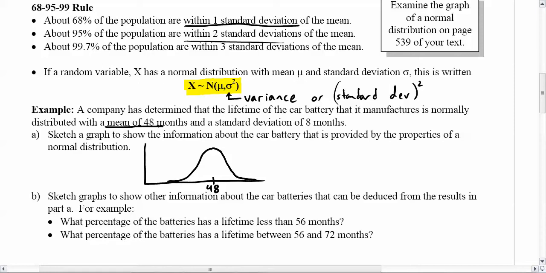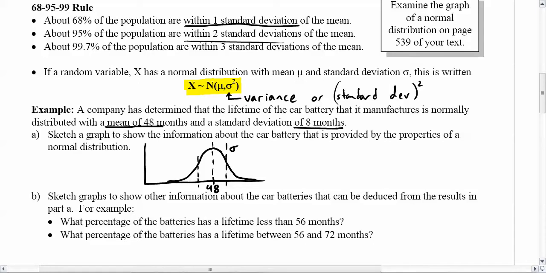Now, to find out where one standard deviation is away, you can look at the graph on the back, and it draws those lines right on the normal graph that represent 1 standard deviation, 2 standard deviations, and 3 standard deviations. So there's my 48 months. 1 standard deviation would be about here. So there's my first standard deviation. And that standard deviation is 8 months.